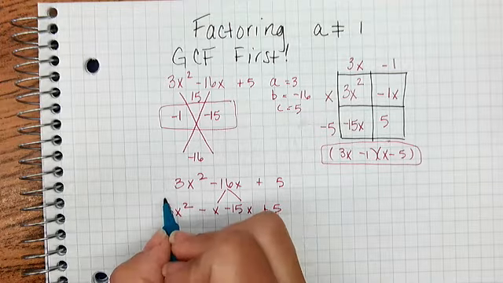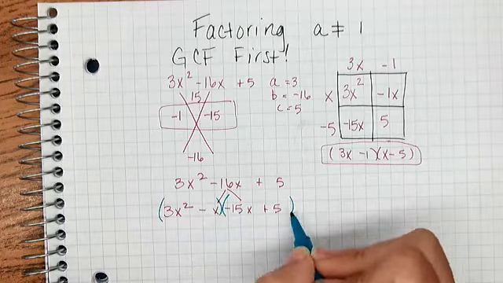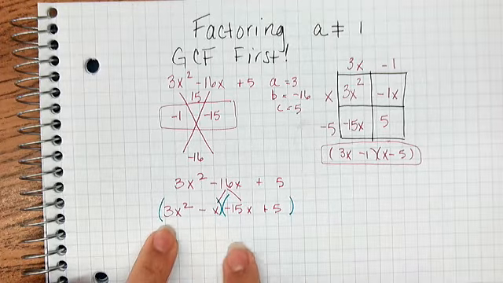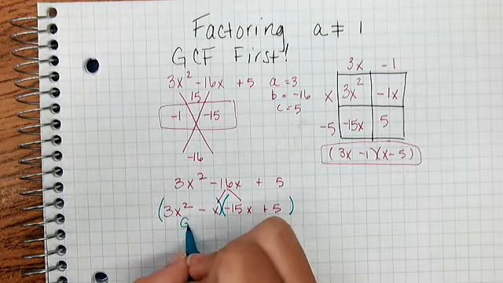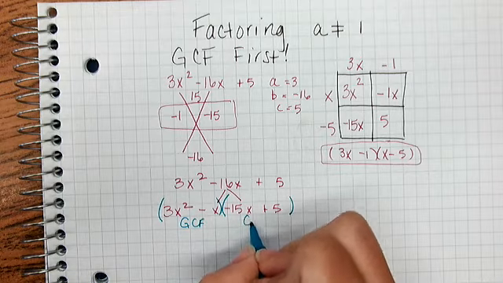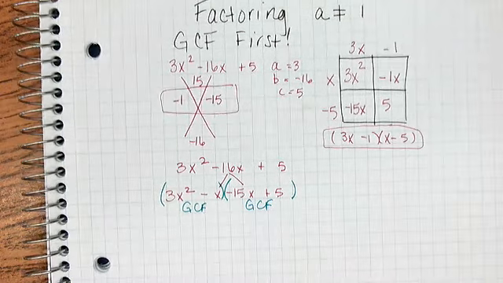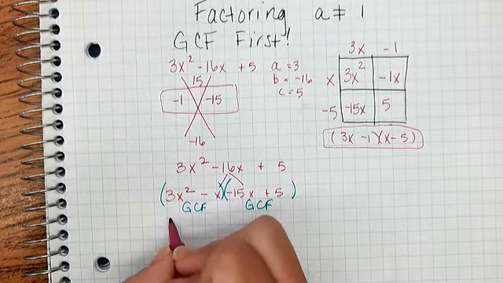I'm going to group the first two terms and group the second two terms. I put parentheses around the first two terms, parentheses around the second two terms. And I'm going to find the GCF of each group. The GCF between 3x squared and negative x is 3x.